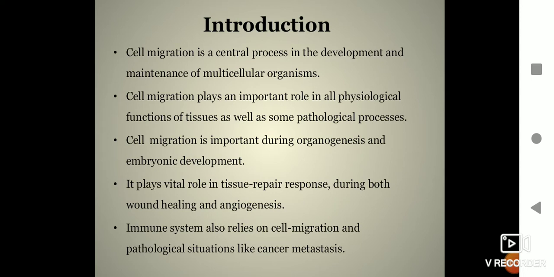Cell migration, as you all know, is one of the important processes when we talk about any development or maintenance of a multicellular organism. It also plays an important role in physiological functioning of the tissue as well as in certain pathological processes. During organogenesis as well as embryonic development, without cell migration, the development process will remain ineffective or incomplete.